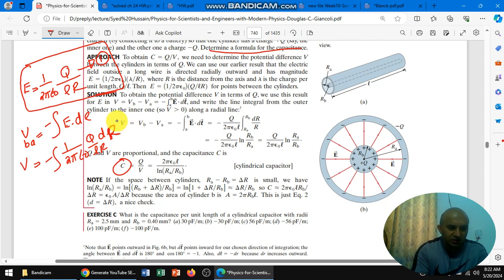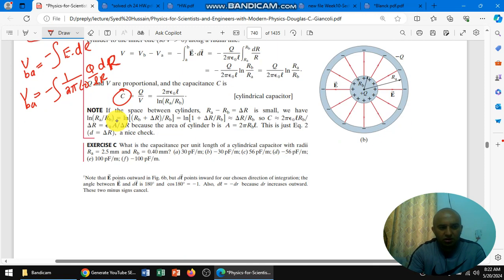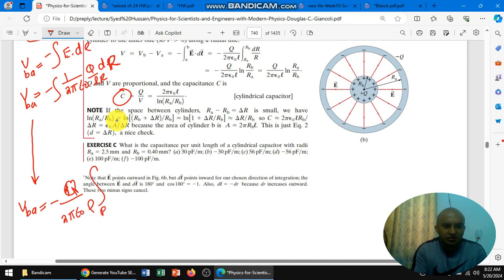So VBA. Now we take the constant terms outside of the integration. VBA is equal to minus 1 over 2 pi epsilon naught, with Q and L also constant, times the integral over the radius from RA to RB.